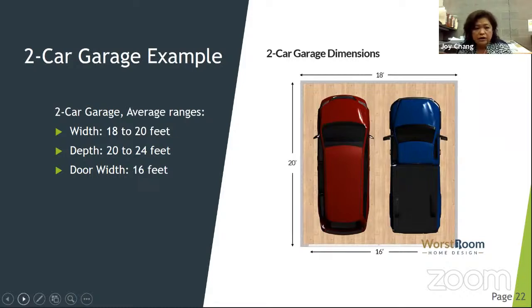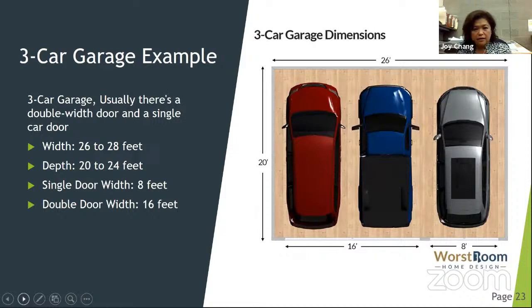For a two-car garage, the width is 18 to 20, depth 20 to 24, and door width 16. And a three-car garage, width 26 to 28, depth 20 to 24, and typically it's a single door, 8 feet, with a double door width of 16, like the example we had before.